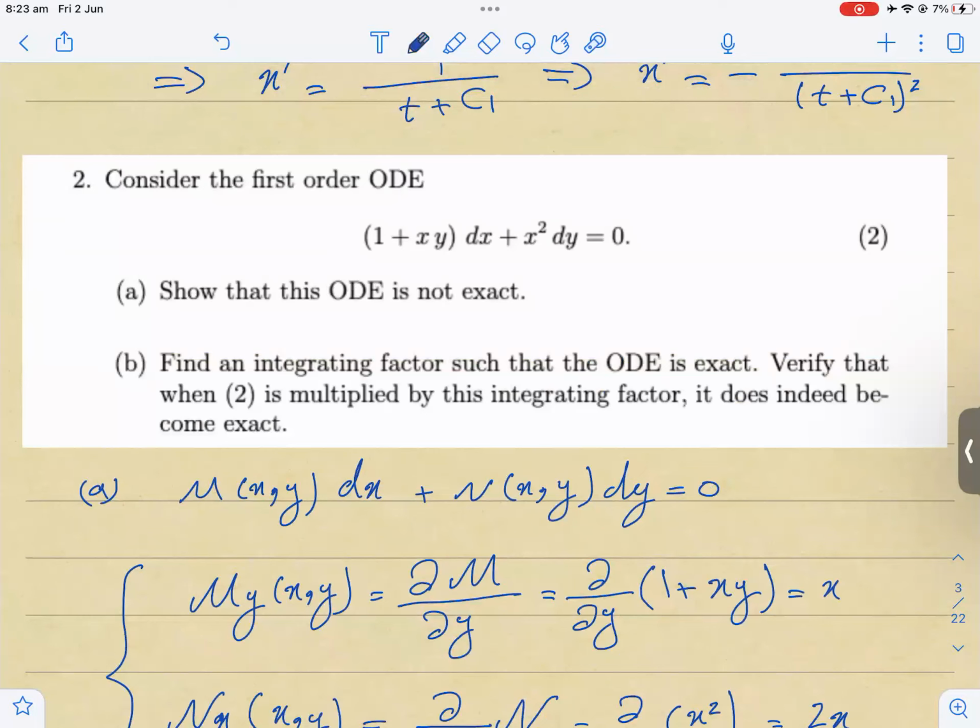Okay, so the equation from the first, it was like this. We take the total derivative. The total derivative will be del f del x dx plus del f del y dy equal 0.